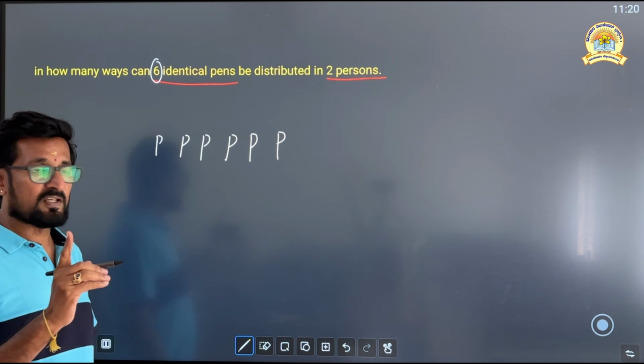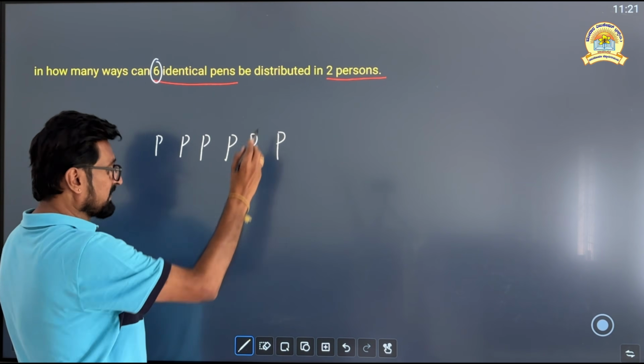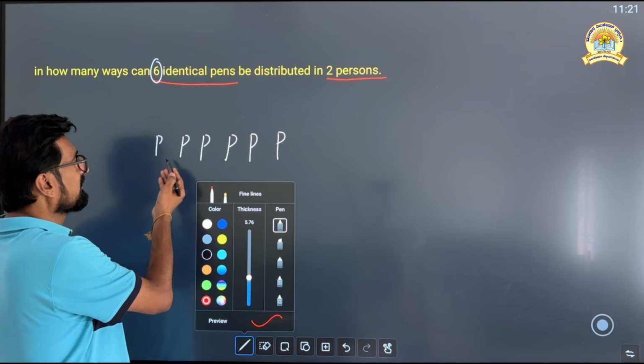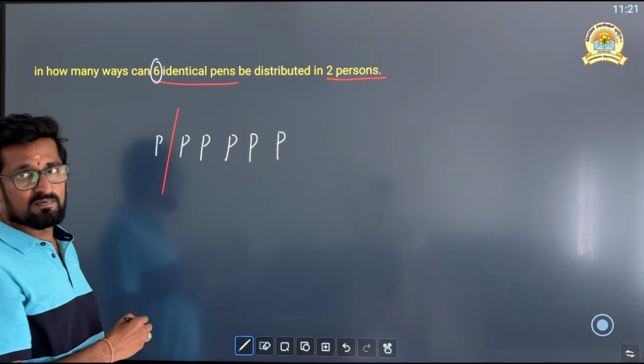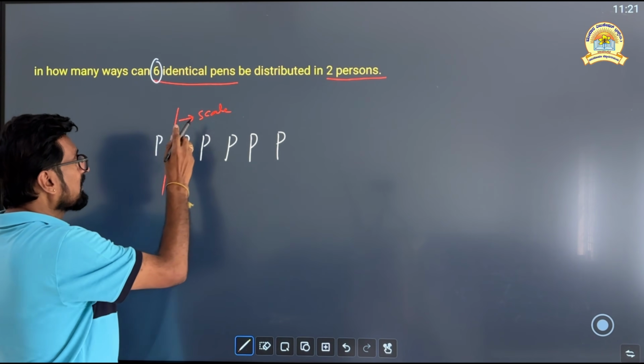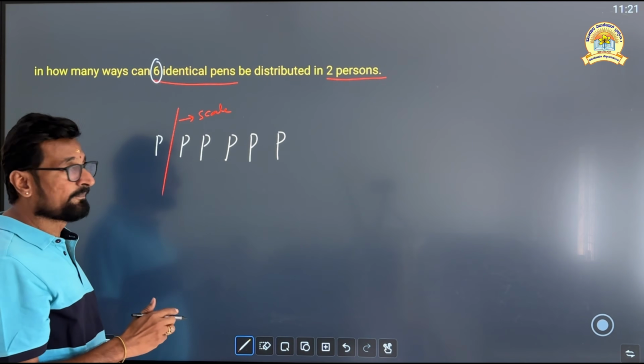By using one scale, you just divide them between two persons. You can keep the scale anywhere you want. This is one scale which I kept. You consider this as one thing and the 6 pens as 6 things.